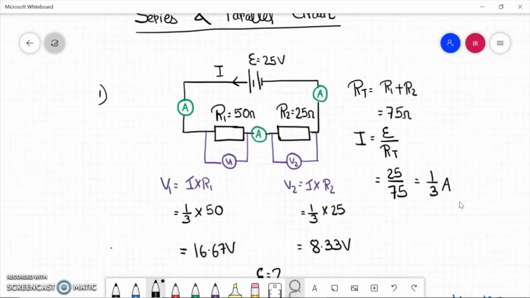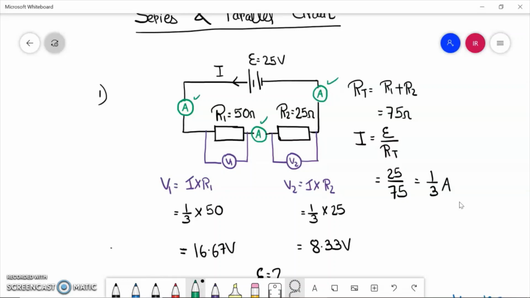Before starting with a series circuit, we have to know the properties of a series circuit. In a series circuit, the current through all points in the circuit remains the same. So it doesn't really matter if I place the ammeter at this point, or over here. The current in the circuit will be the same at all places.